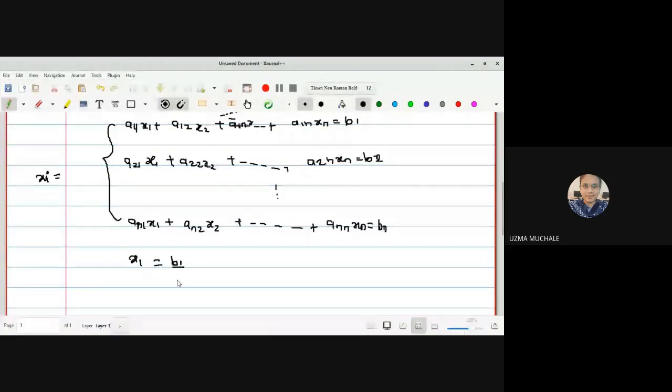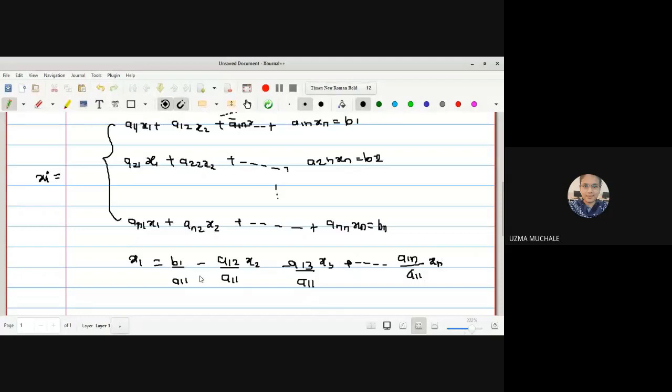So it is b1 upon a11 minus a12 divided by a11 x2 minus a13 divided by a11 x3 and so on. The last will be with negative sign, minus a1n divided by a11 xn.